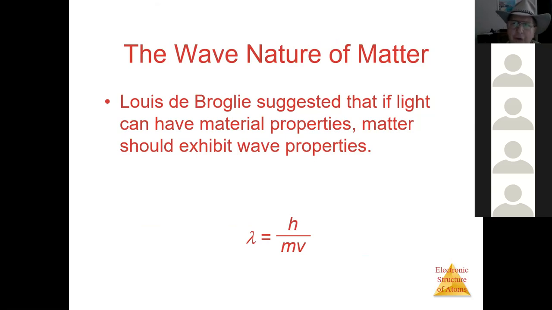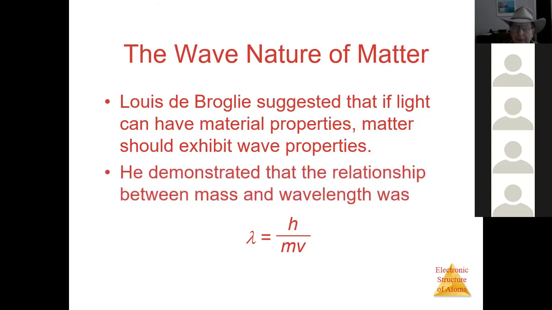He was trying to figure out if something the size of your body, the computer you're looking at right now, a glass of water, big objects like that, exhibited wave properties as well. Basically, he was able to find out that yes, that's true. The relationship was that the wavelength of the particle was equal to Planck's constant divided by mv.